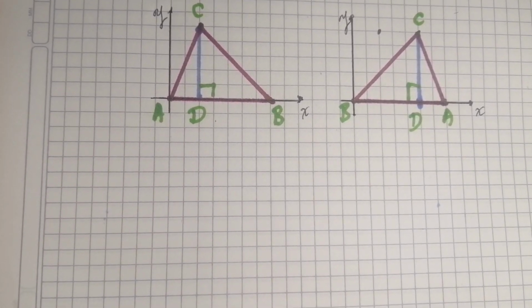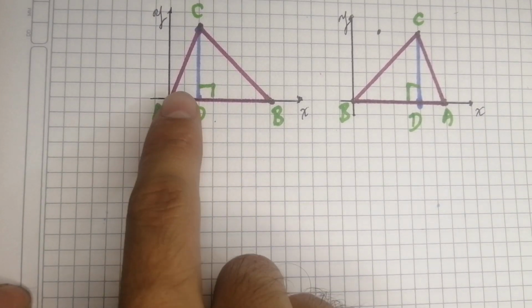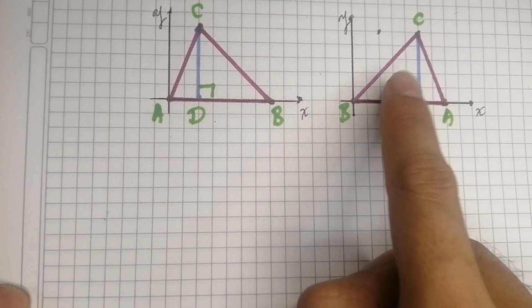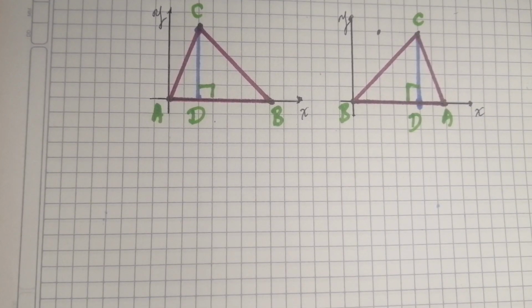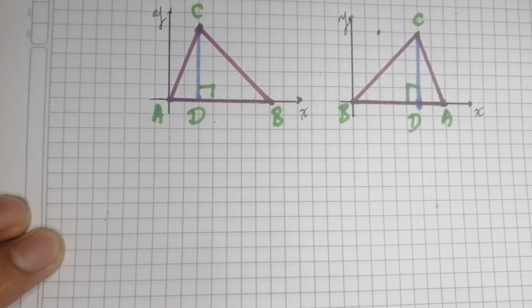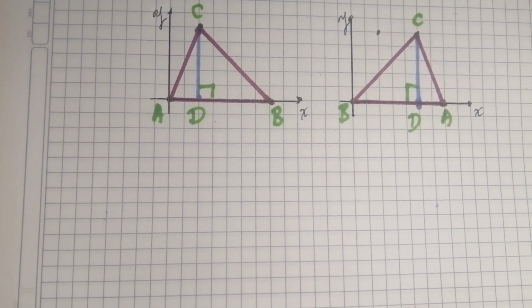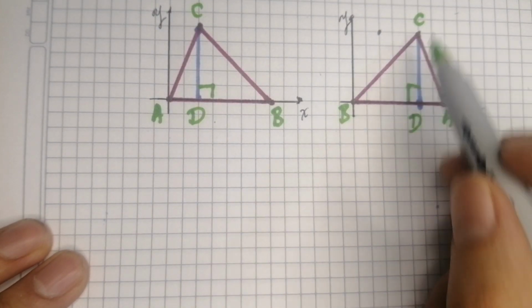What is the cool thing about converting these two triangles into four triangles, actually into four right triangles, the two that we have here and the two triangles that we have here in this position? What is the cool thing about that? This is that now we can study this line that we have here, this segment AC, as a hypotenuse, all right, for this triangle, for example, ACD, or for this triangle BCD.